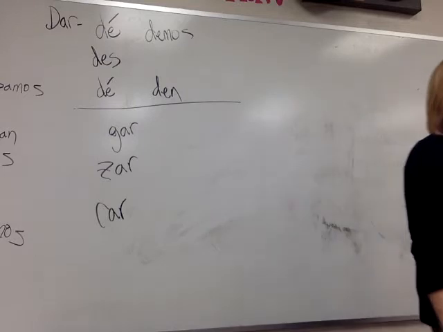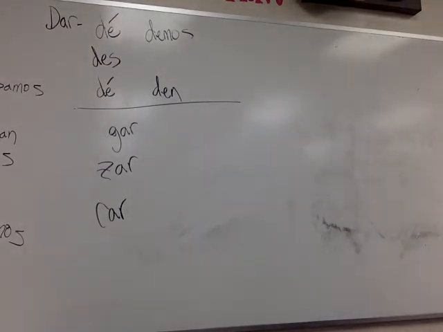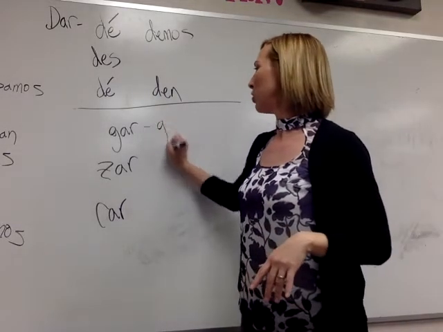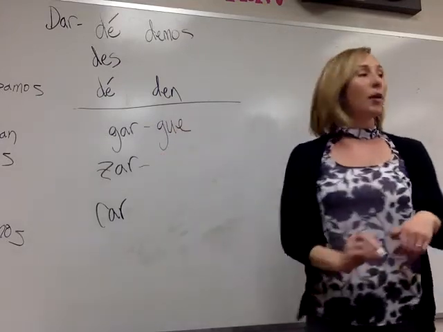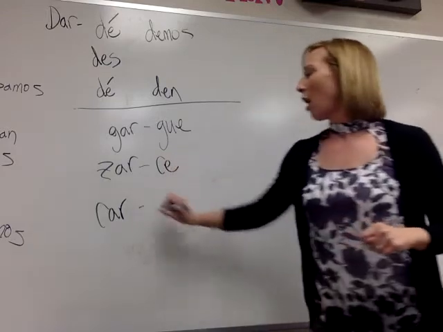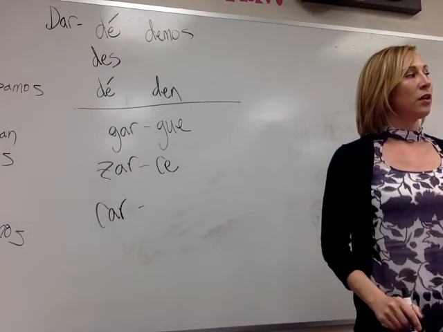But we were used to only putting it in the yo form. Well, now we have to take it through all the forms. So what happens when a verb ends in gar? What does it become? GUE. Zar becomes CE. And finally, car becomes QUE.